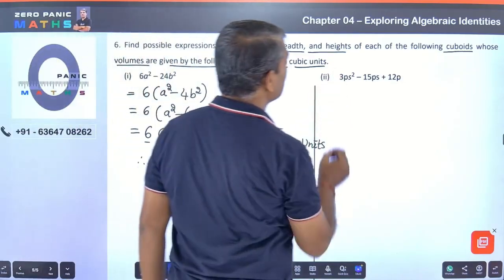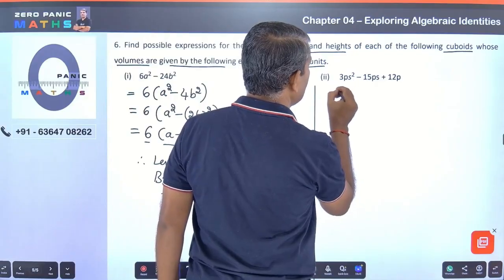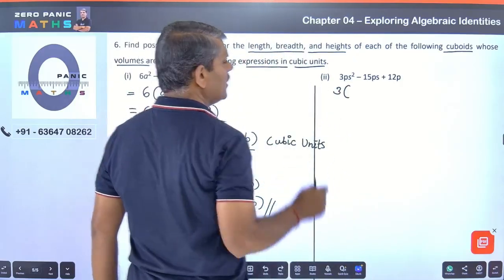Let us resolve this also. Here also the similar rule will be followed. Let us take 3 as common, which will be treated as one of these parameters.